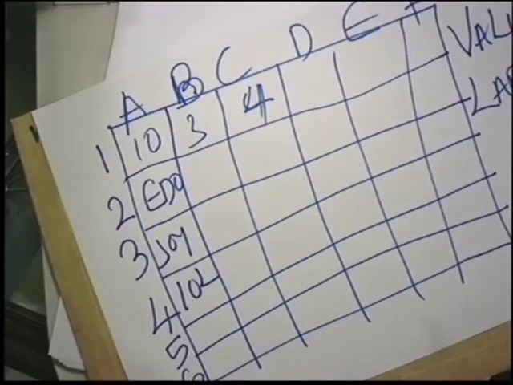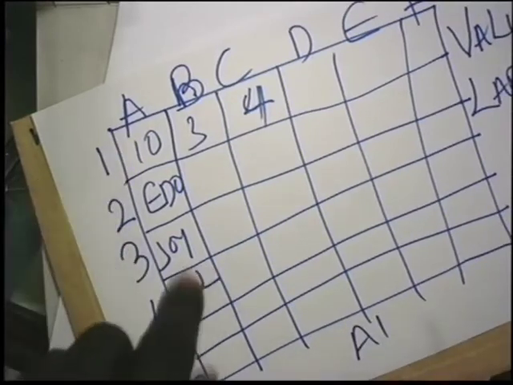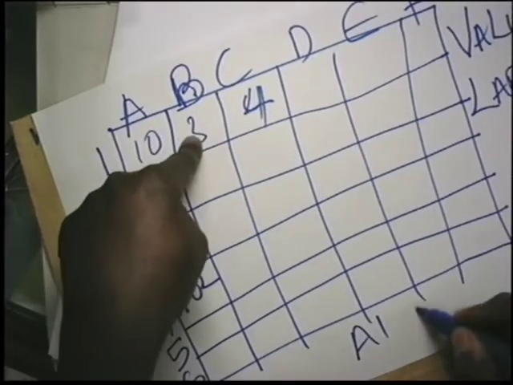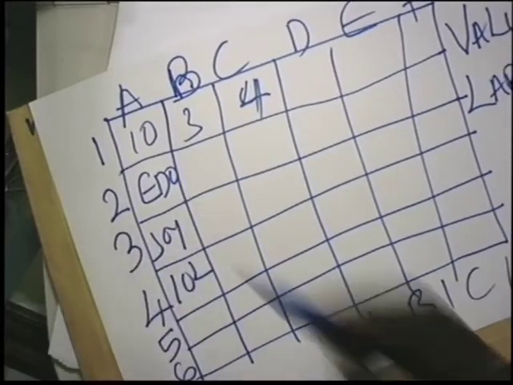Then I ask you a question: tell me a cell that contains a value. You can write something like A1, B1, or C1 because they have values, that is numbers, in them.